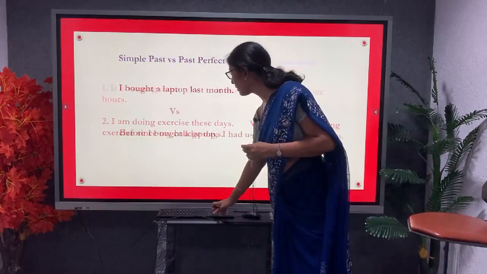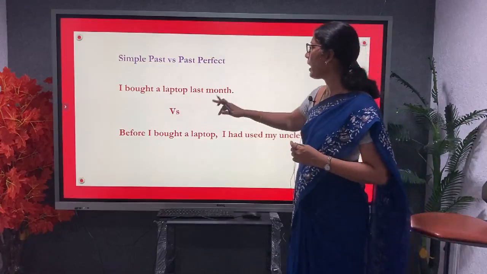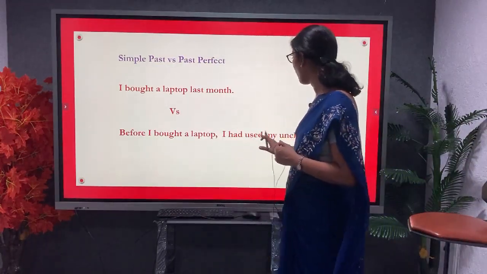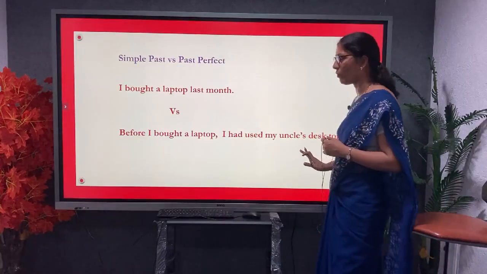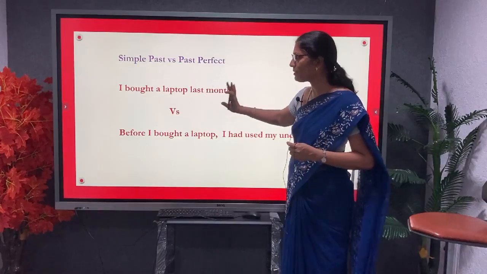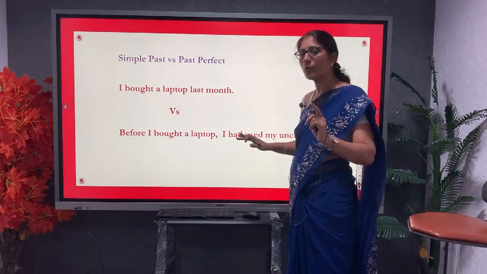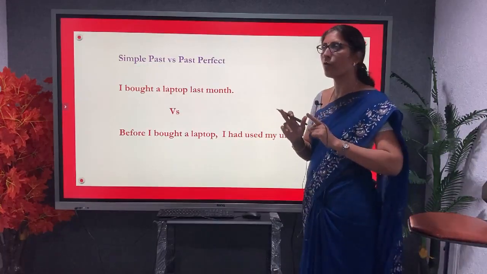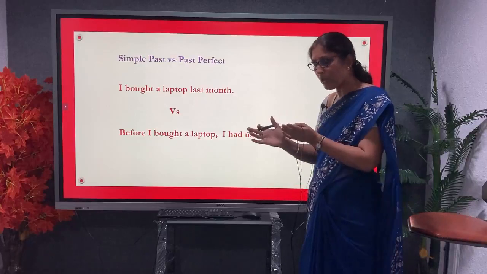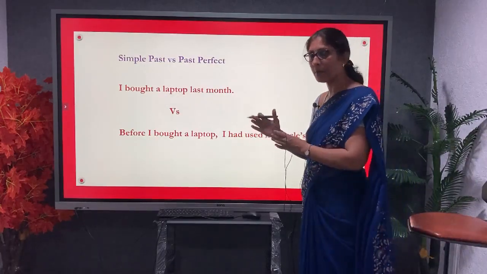Okay, right? So simple past versus past perfect. I bought a laptop last month versus before I bought a laptop I had used my uncle's desktop. Here, for simple past actions we simply use simple past, but past perfect tense should be used only when you want to mention two actions at the same time. So there you compare which action happens first and which action happens later.